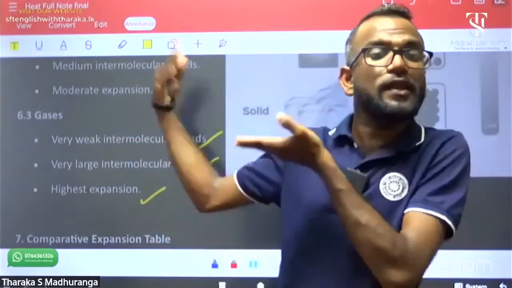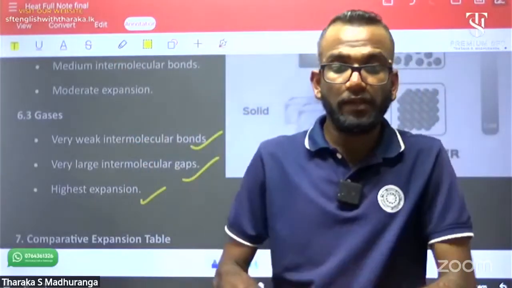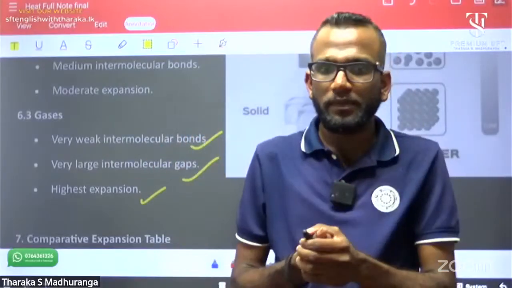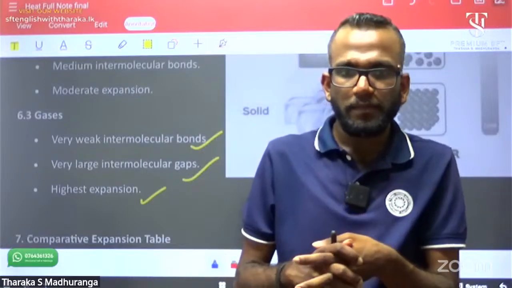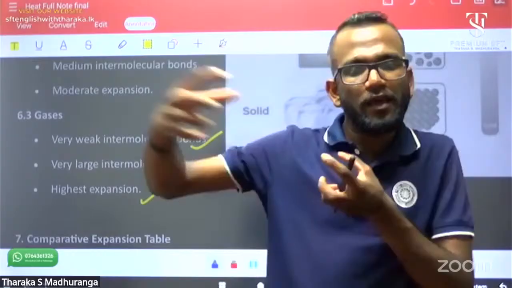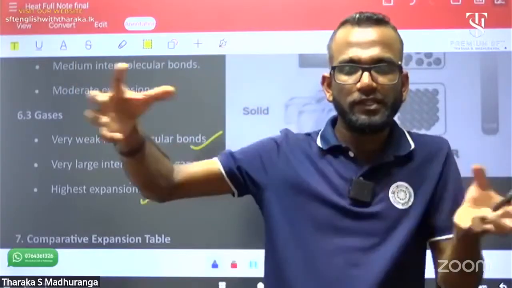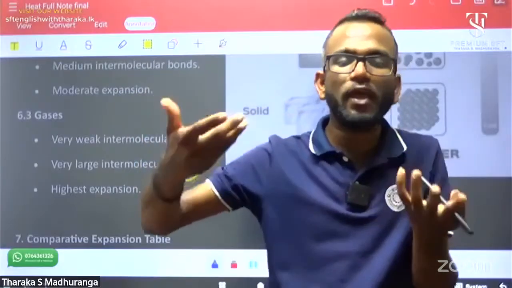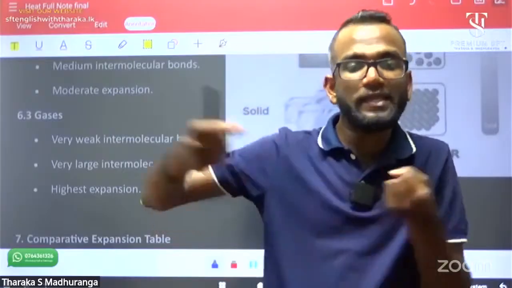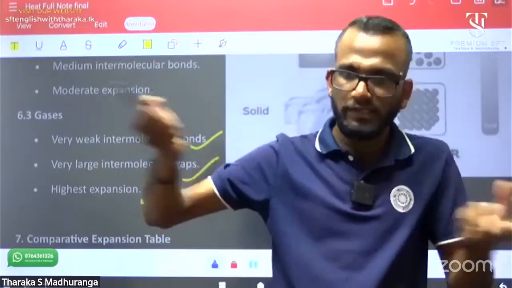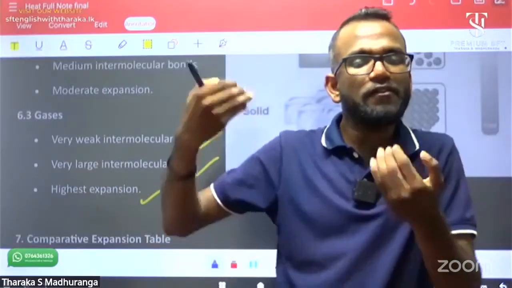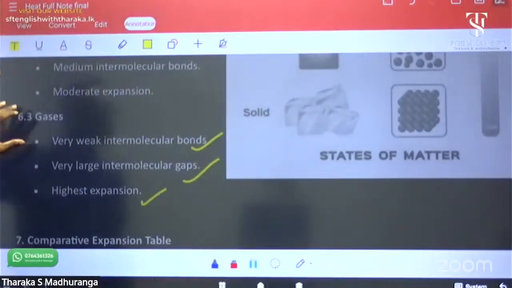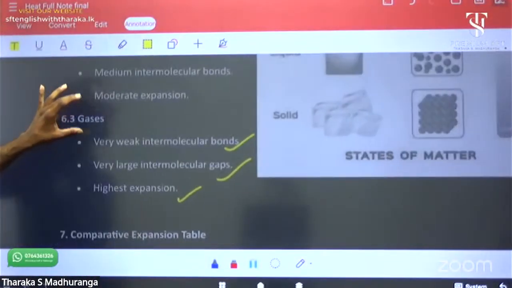Yes, comparatively greater than liquid and solids, because they have very weak intermolecular bonds. Therefore, they vibrate easily, increasing their molecule kinetic energy very easily, because they don't have barriers. They have enough space, and their intermolecular bonds are very weak. Okay, I got solid, liquid, and gas differences.